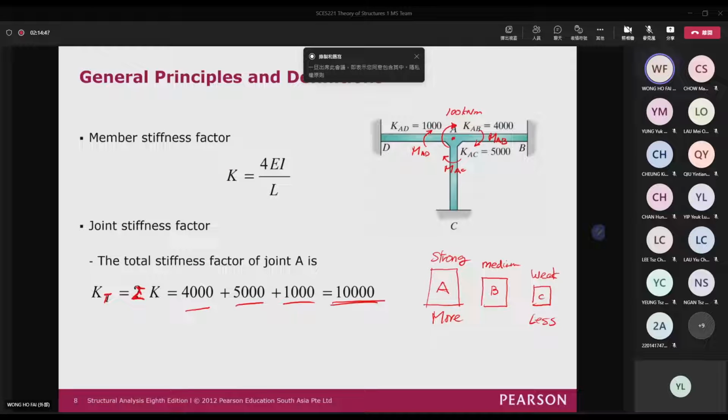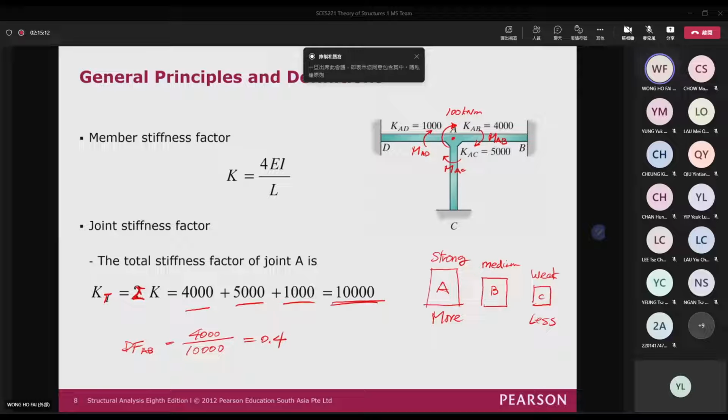Say, for example, you have 4,000, and then the total is 10,000. So this, we call the distribution factor to the member AB. So that is 0.4.